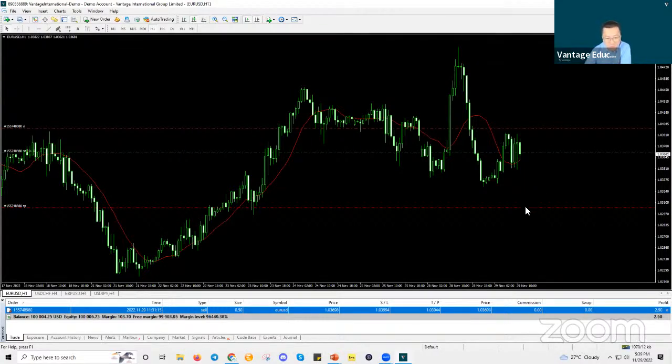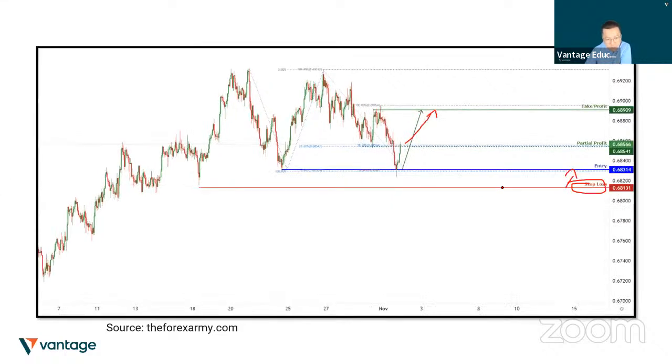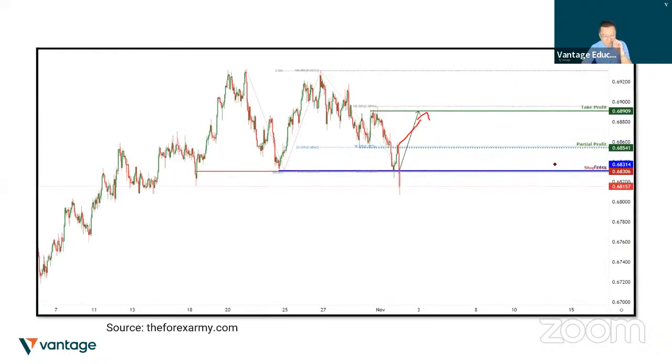Take profit as well, you can be dragging it as it goes. So that's how we move our stop loss up originally from that point upwards towards the entry level. You can be doing the same thing there. All right. Makes sense. All good.